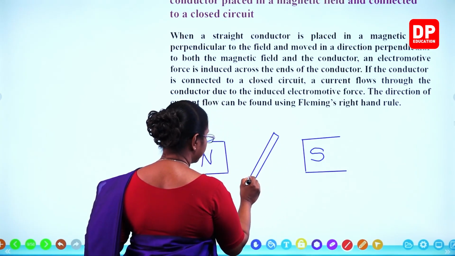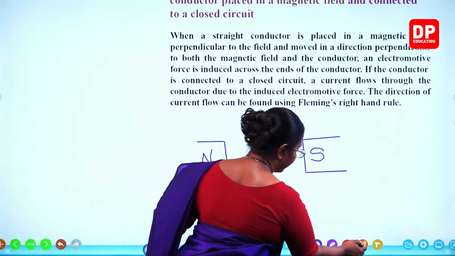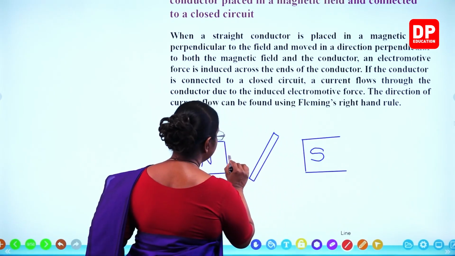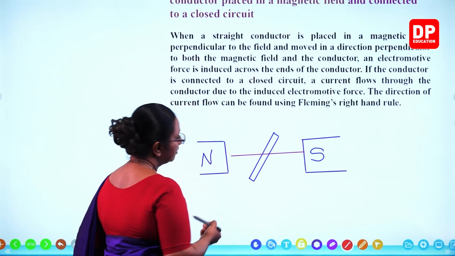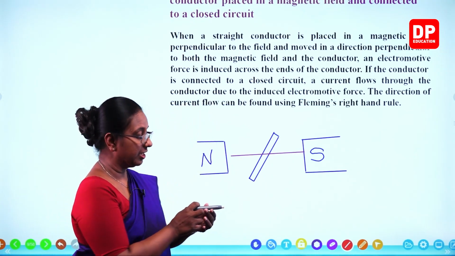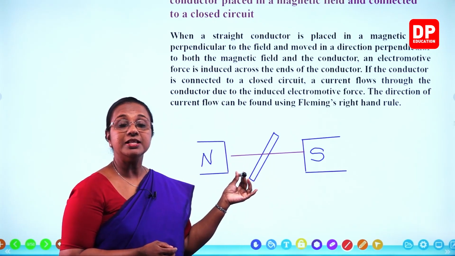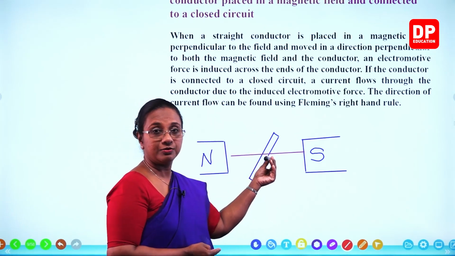Here you will have the magnetic field lines in this direction. The conductor is perpendicular. So if the magnetic field is this way, conductor is going to be this way. Although I have drawn it this way, it's like perpendicular.